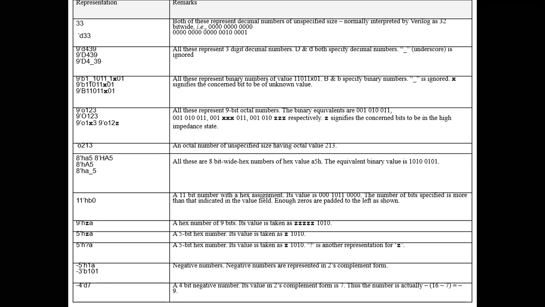If I don't mention the number of bits before the D, it automatically takes 32 bits width. So both these indications represent the same thing, 32 bits.